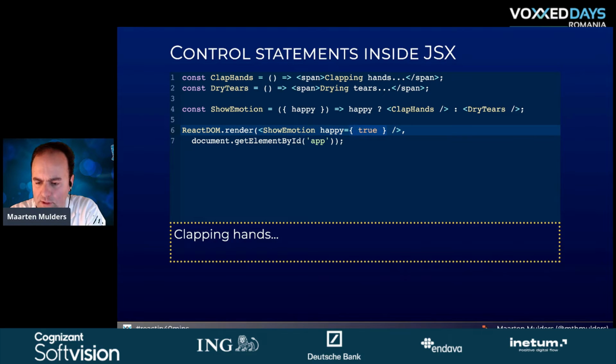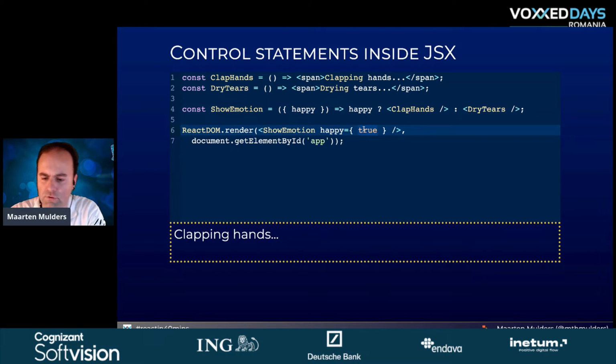Notice that it's between curly braces. So this value of true is actually a Boolean value, and it is not a string literal with that same name. Then the implementation of my arrow function is: if happy, then return clapping hands, else return drying tears. And I hope you're not surprised to see here clapping hands.